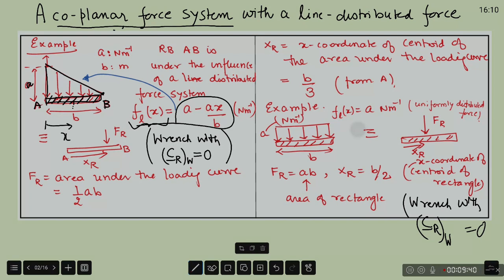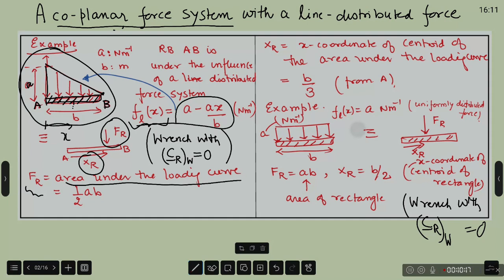Now our interest with this problem was to replace this line distributed force system by one single force acting at one special location. So I need to find FR, I need to find XR. I derived in the previous class that the net force FR, the single force that should be put there, is just the area under the loading curve.